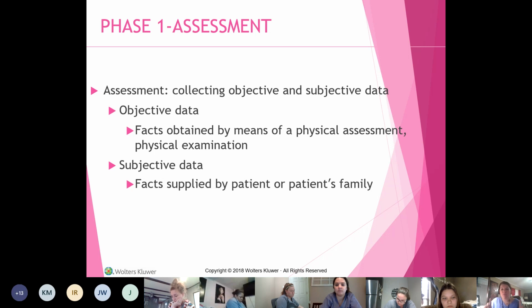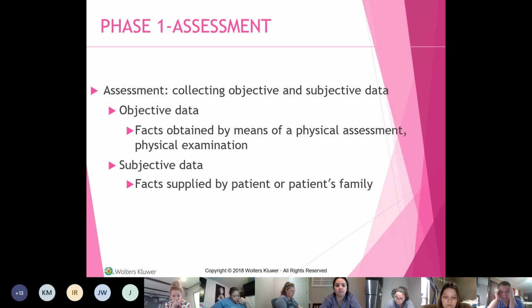Does one matter more than the other? Is subjective more important than objective, or vice versa? No, they go together. Because if our patient is saying that they feel incredibly dizzy, like, oh, I'm so dizzy, but their pressure is normal, does it mean they're not dizzy?